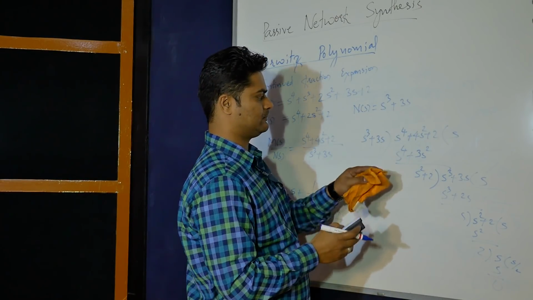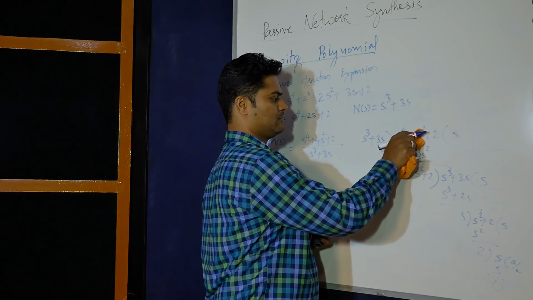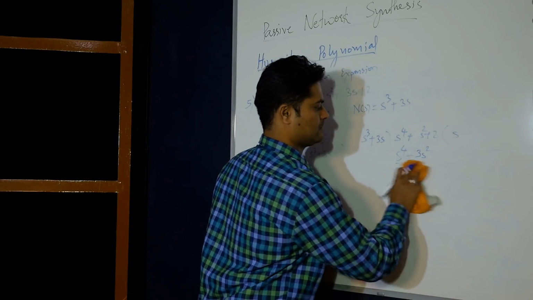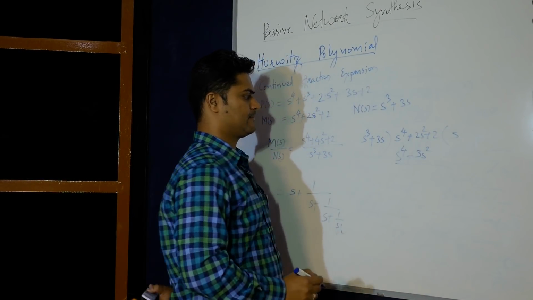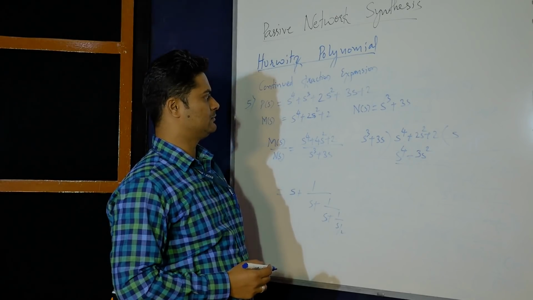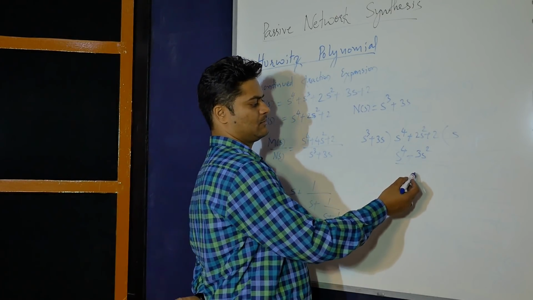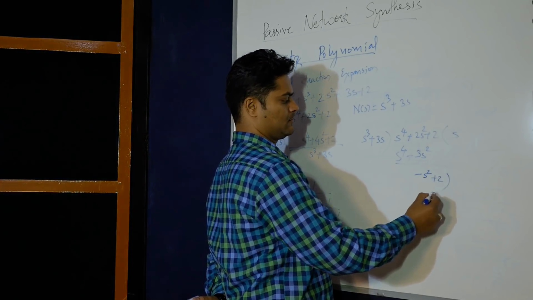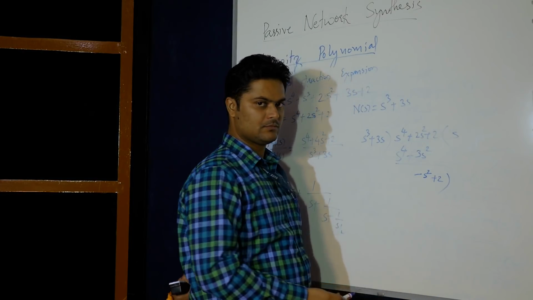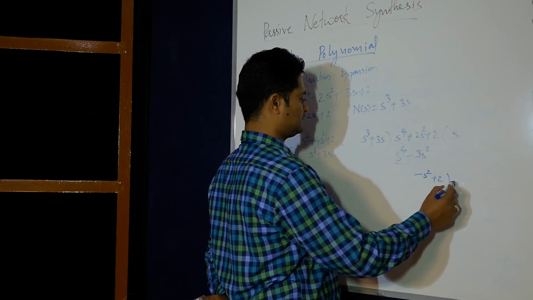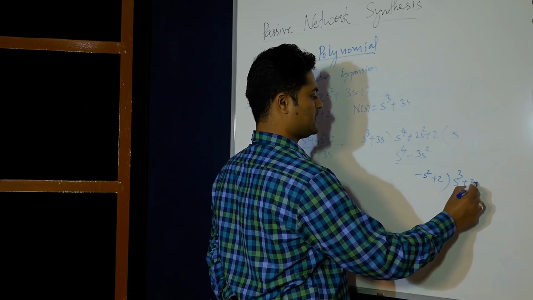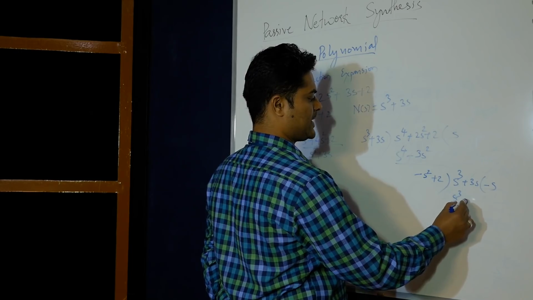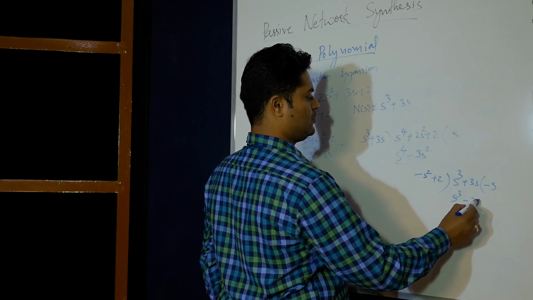So we have s square. When we go further, s cube plus 3s. To get s cube, minus s cube minus 2s.